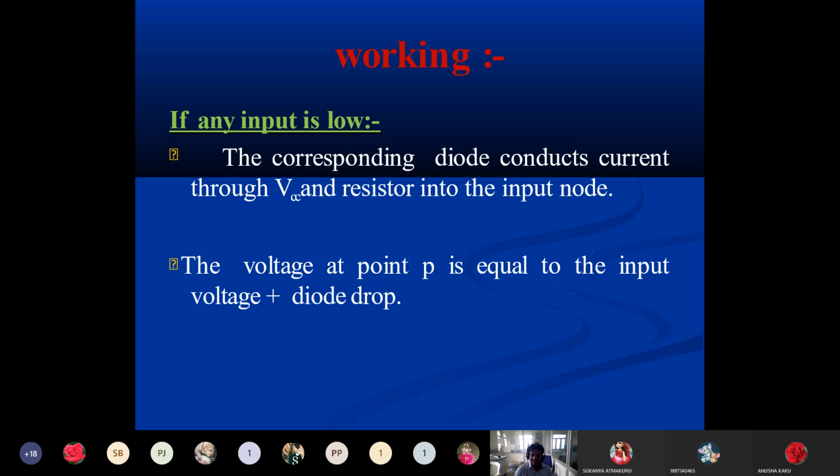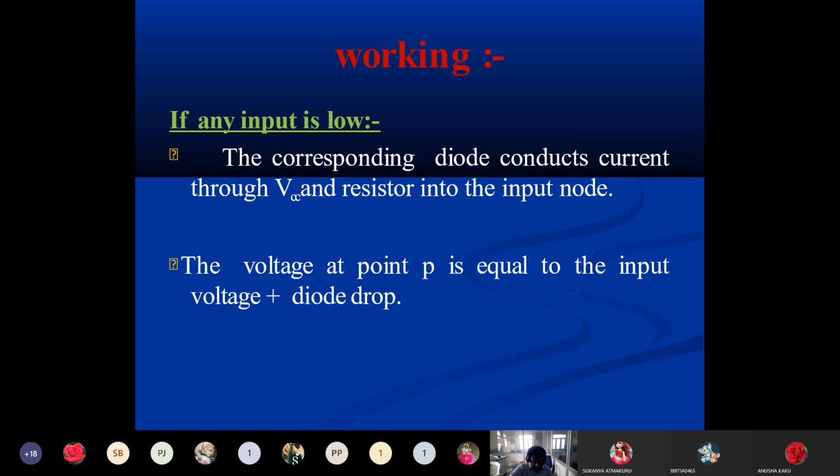The collector current at saturation is called IC saturation, and it is nearly equal to VCC. When the input to the transistor is low, the base emitter junction has no forward bias applied, therefore no base current, and hence no collector current flows.